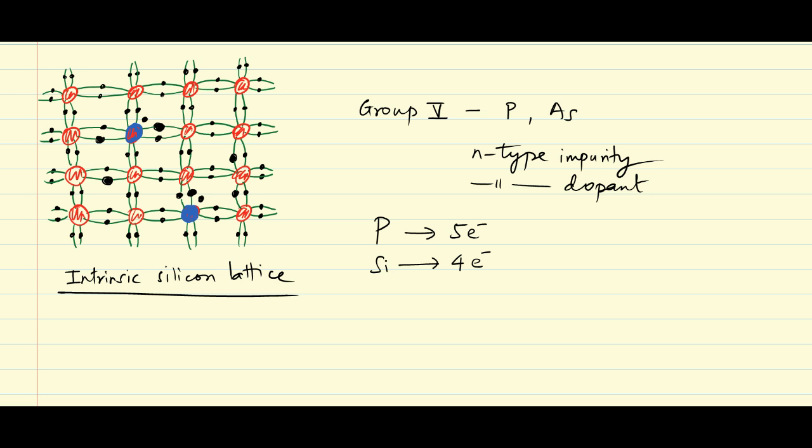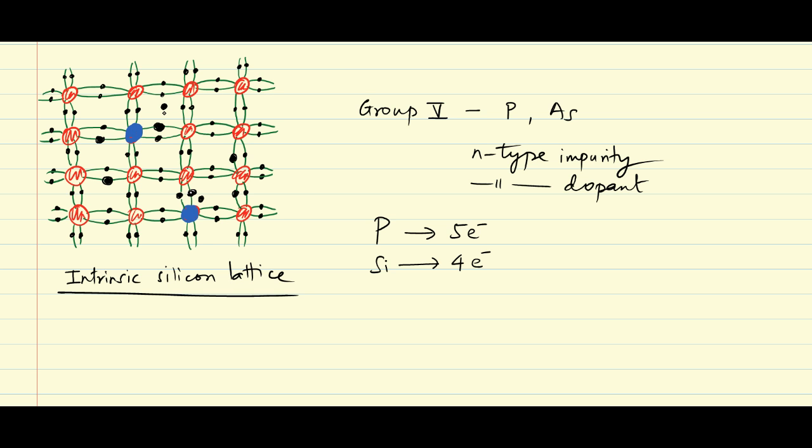So just to make the point clear, I am going to remove this electron. It's no longer bound to phosphorus, and I'm going to put it somewhere else. It could be anywhere in the crystal. So just for the sake of the example, I'll put it over here, far enough from the parent phosphorus atom.